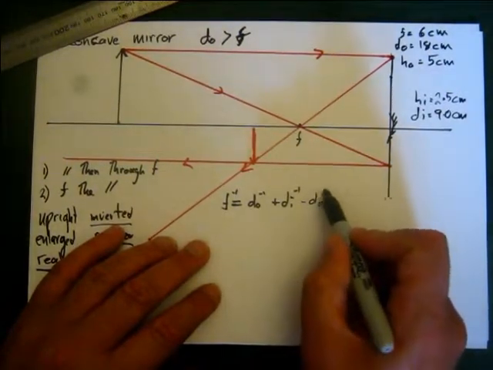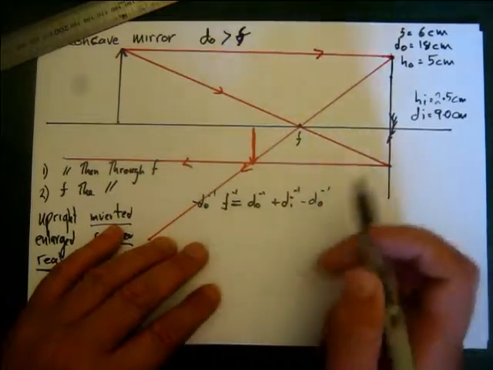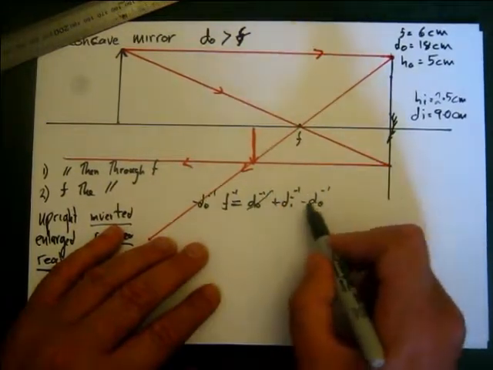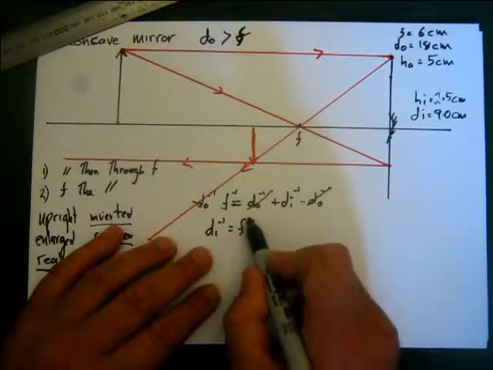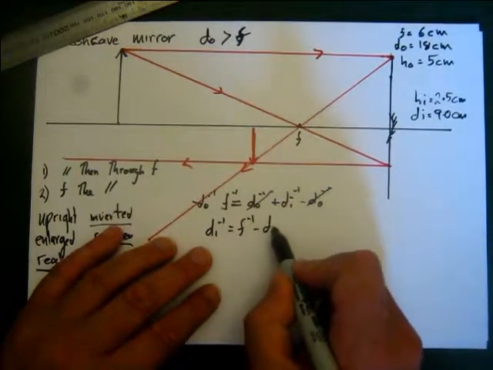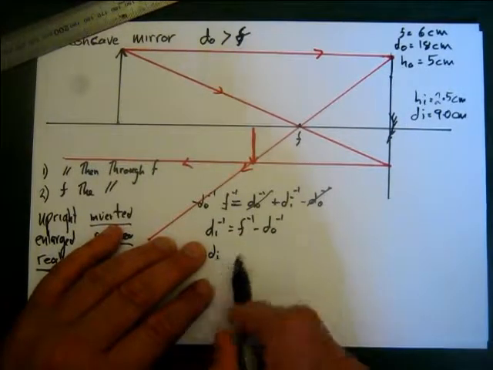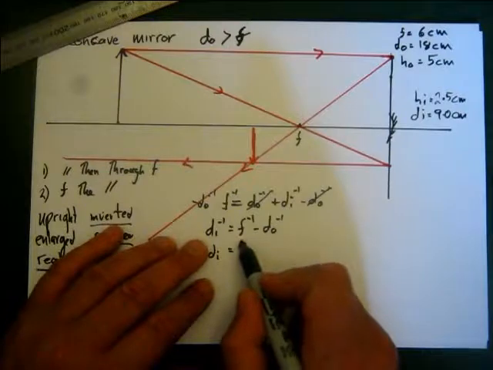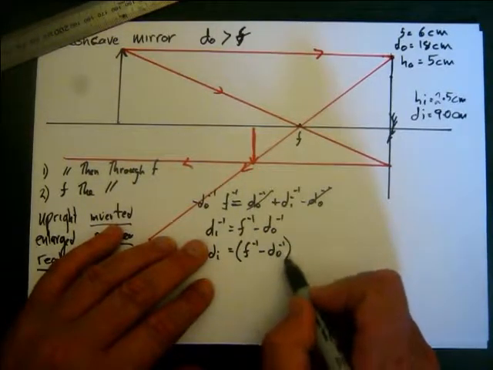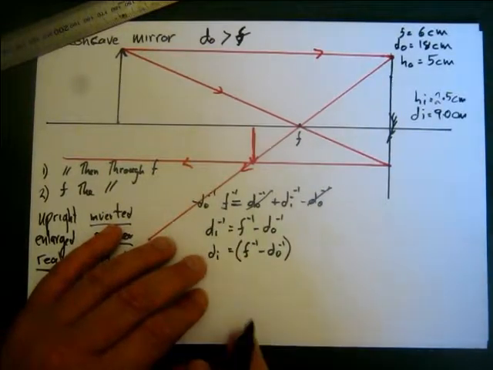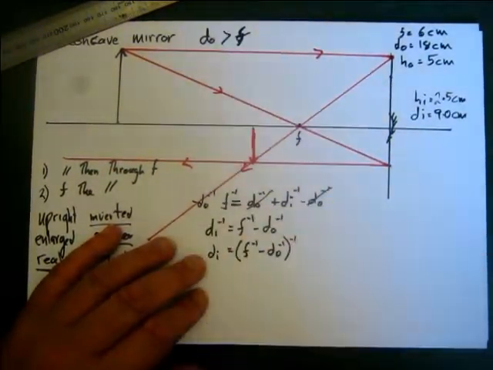So minus DO inverse, so it cancels that. DI inverse equals F inverse minus DO inverse. Then I take the inverse of both sides.